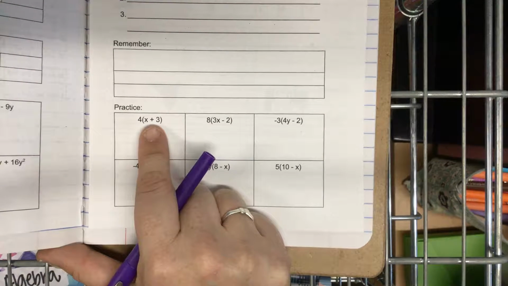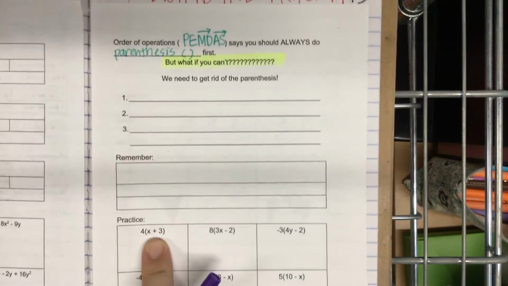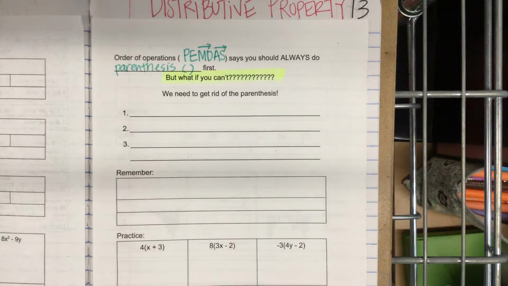There's no value for x. It's just a variable. We don't put variables into our calculators. Since I can't do my parentheses, I have to get rid of them.